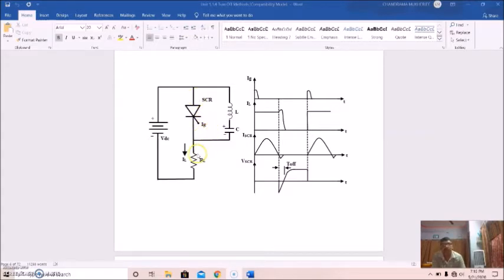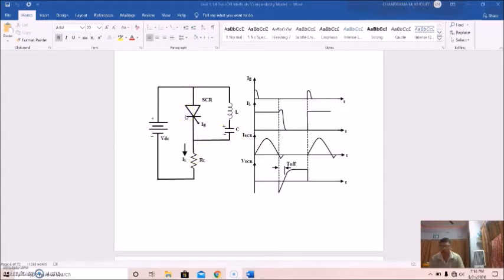Constant load current I flows to the load, and the capacitor discharging current also flows.